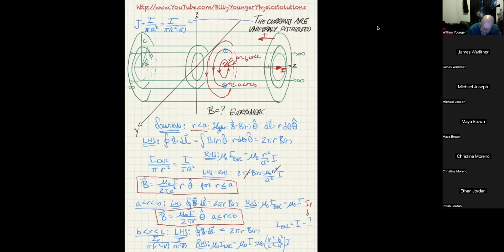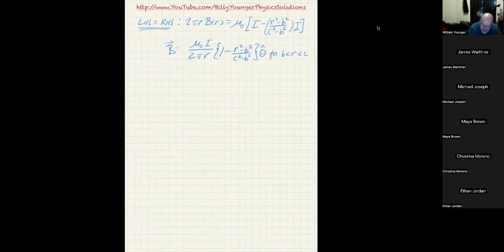So now I can put an equal symbol there and an equal symbol there as well. So that's our magnetic field as we eke closer and closer to r equals c.